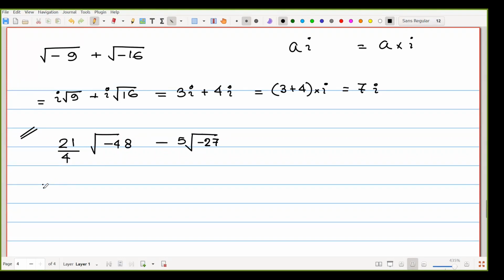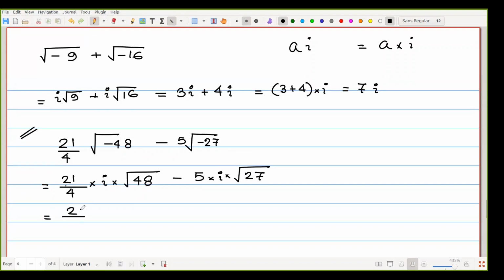Okay, so here we are writing 21 divided by 4 square root of minus 48 as i into square root of 48, minus 5 into i into square root of 27.